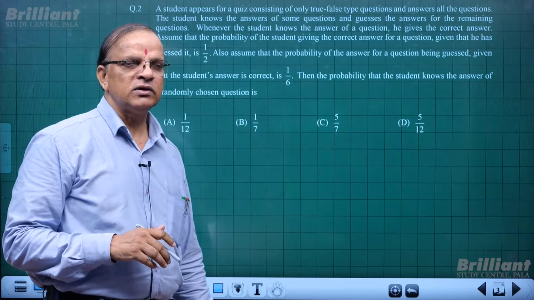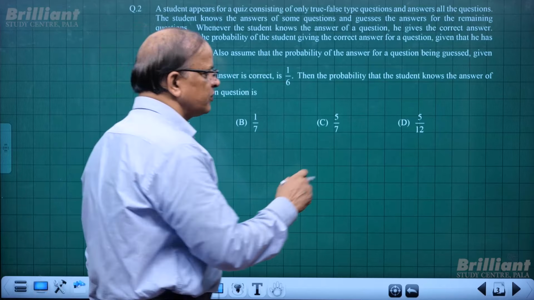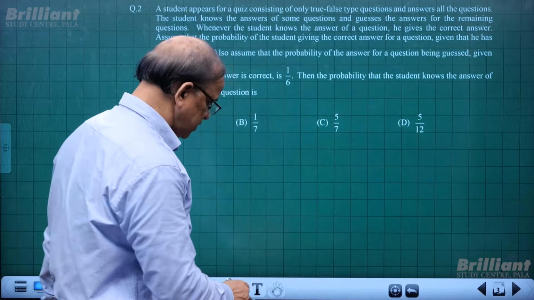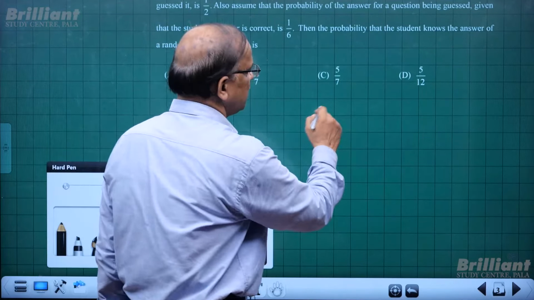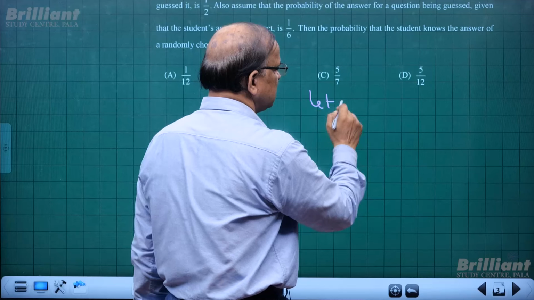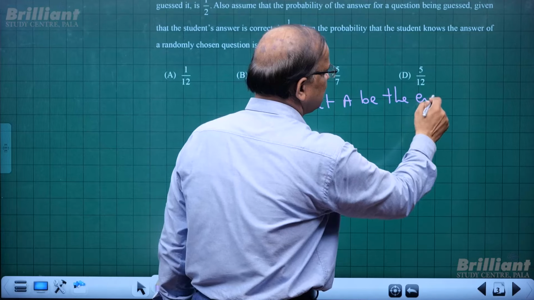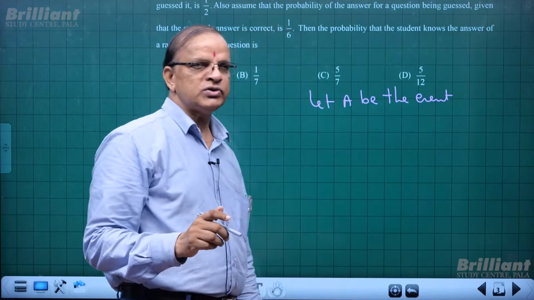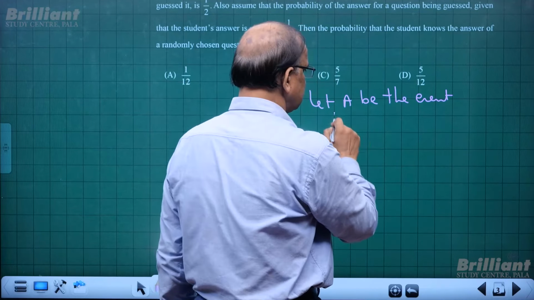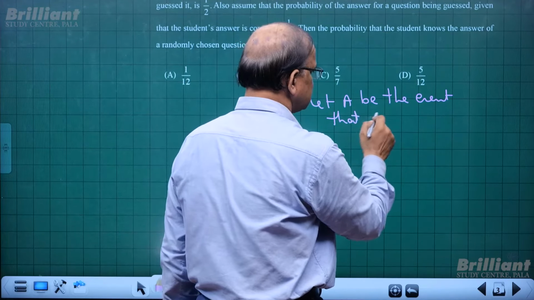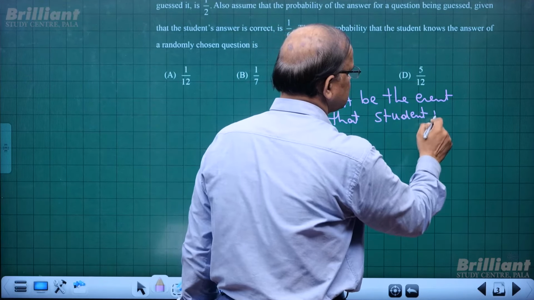See, this is a Bayes theorem application. Suppose we take A to be the event that the student's answer is correct.